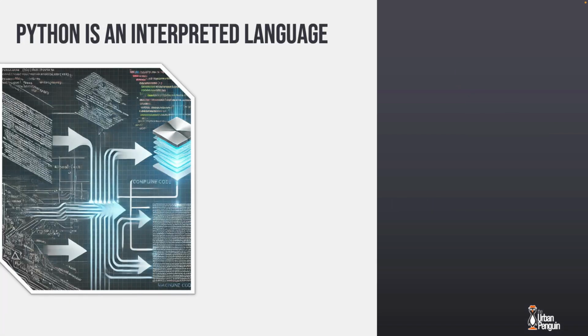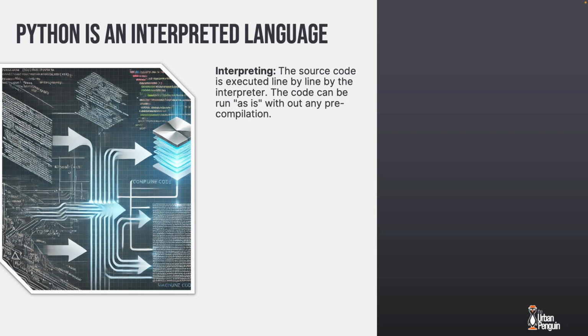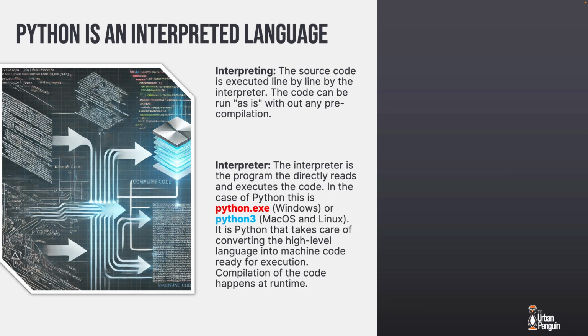Now, one of the first things that we need to get to grips with is that Python is an interpreted language. When we talk about interpreting, the source code, or our Python script, is executed line by line by the interpreter. The code, or our script, can be run as is without any pre-compilation.